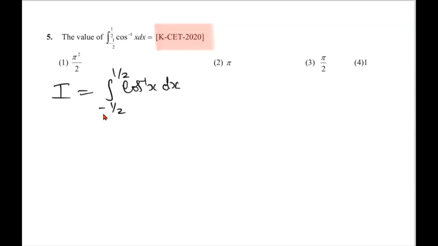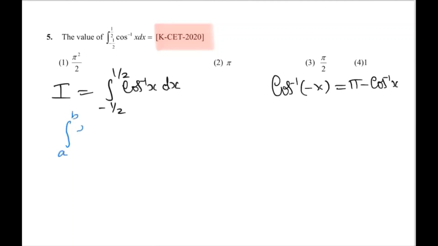Whenever you have integral of the form minus a to a, see whether the function is odd or even. Here cos inverse x is neither odd nor even function because cos inverse of minus x is pi minus cos inverse x. So here we shall use this identity.